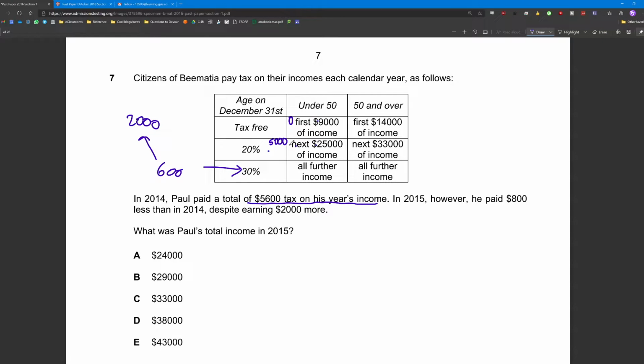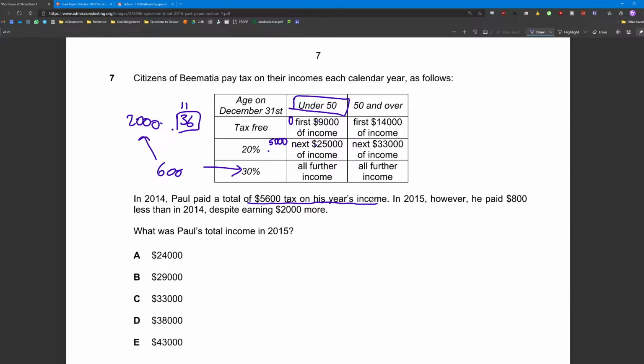So $9,000 plus $25,000 plus $2,000 makes, well, this is with the assumption that he's under 50. 9,000, 2,000, 11,000 plus 25,000 is $36,000.